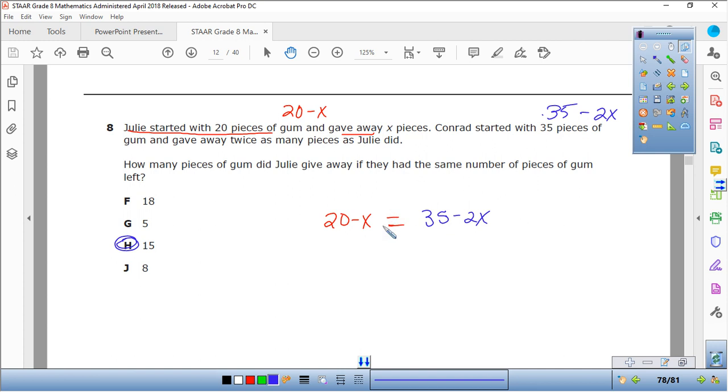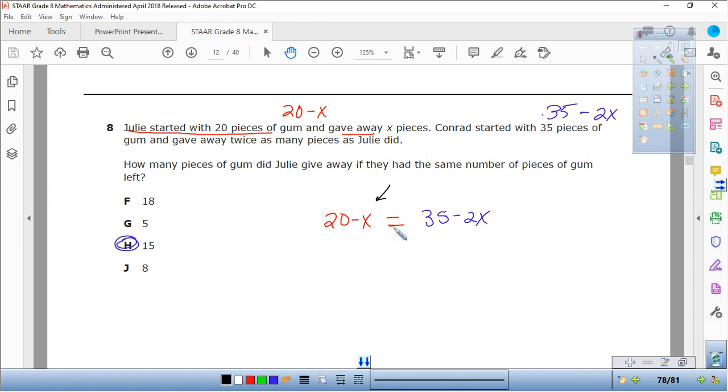Super easy. Diego, you're kidding me, brother. But okay, whatever. There's nothing wrong with that. That's allowed. So she gave away x, which is 15.